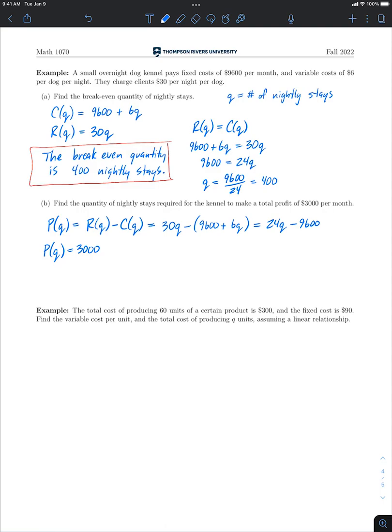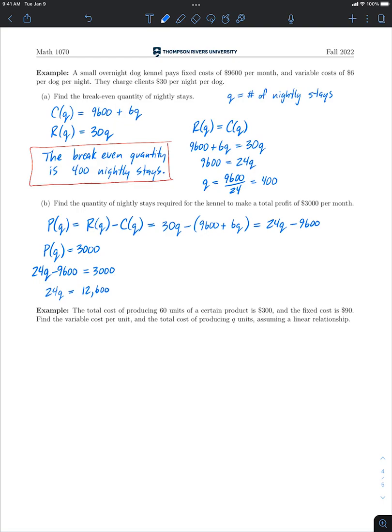So what would that give us? Well, P of Q is 24Q minus 9600, right? And that's got to be equal to 3,000. Okay, we'll solve this for Q. This will be 24Q is equal to what? If I add 9,600 to both sides, I'll get 12,600.